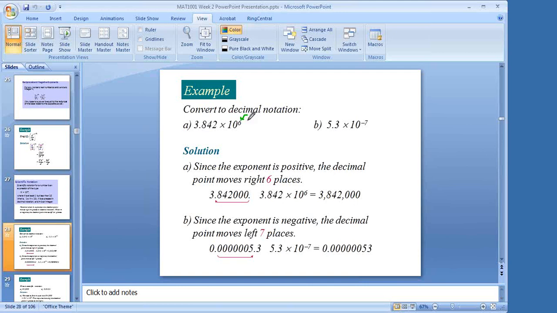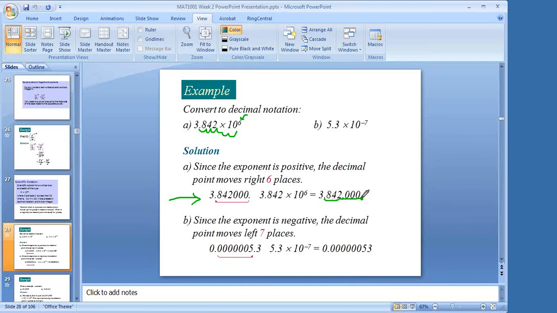Okay, and when I do, here I am moving my decimal. Oh, only got 3 places. That's okay. I'm just going to add 3 more. I moved it right 3 more places. So here we are, 6 places. Put my decimal. That's it.